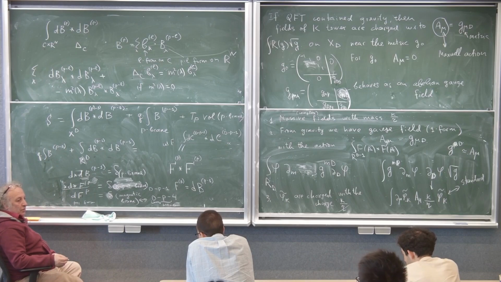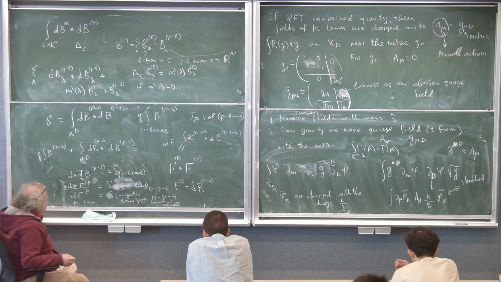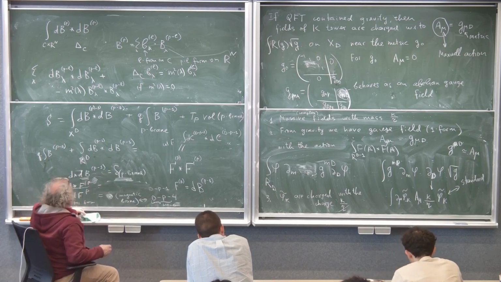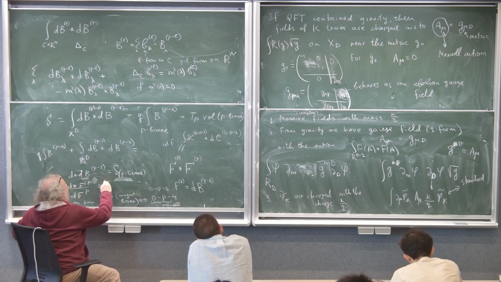Okay, p minus 1 form means that it is a delta function on something that is D minus p plus 1 dimension.